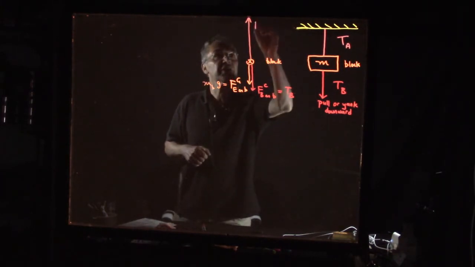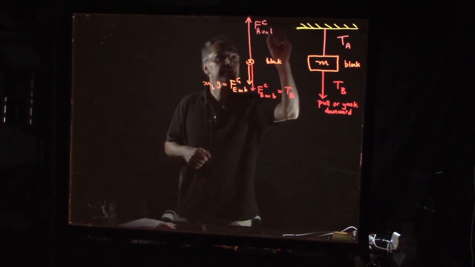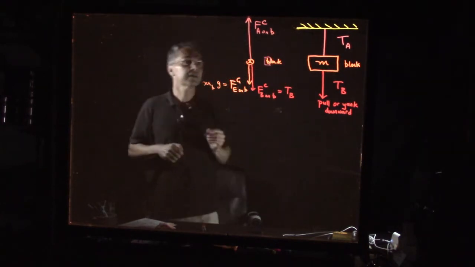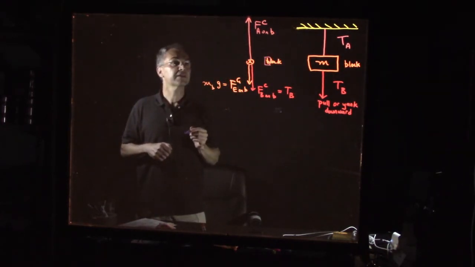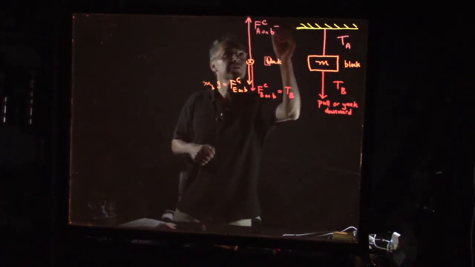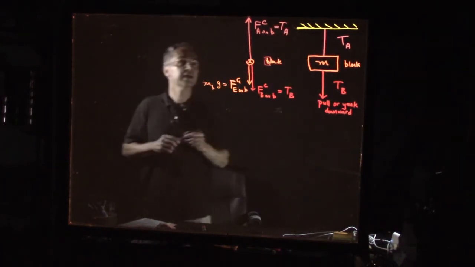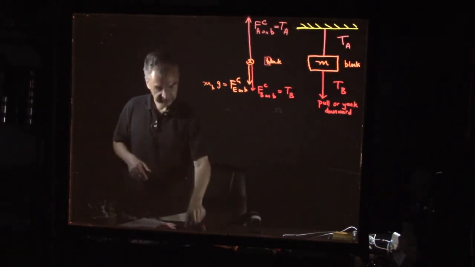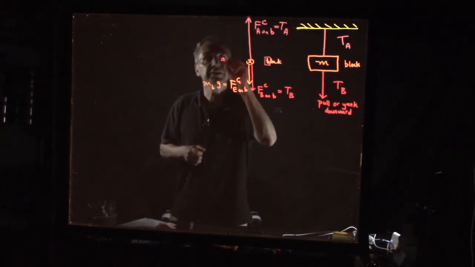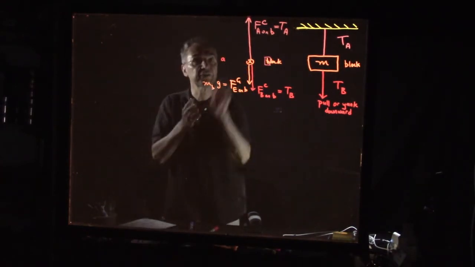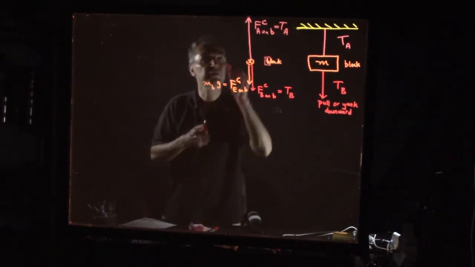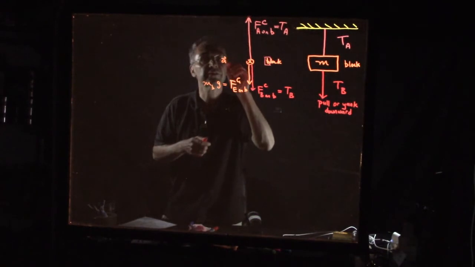This is the contact force by string A on the block, and that equals the tension in string A. And we're going to say that the acceleration of the block is 0.